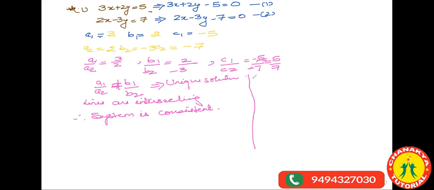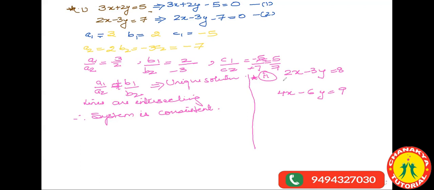Okay. Now let me explain one more example. Second question: 2x minus 3y is equal to 8, and 4x minus 6y is equal to 9. Clear? So first of all, we will write in standard form. So Aryan, what will be its standard form, beta?